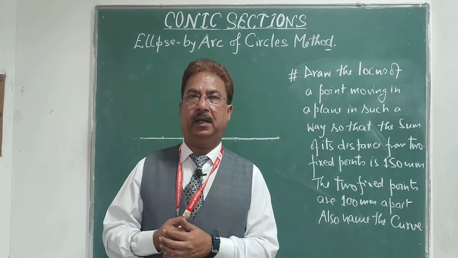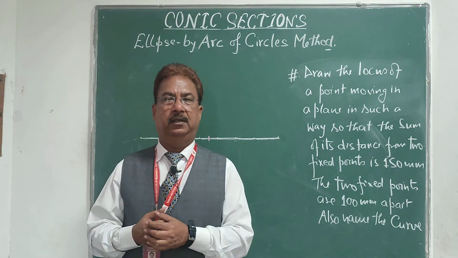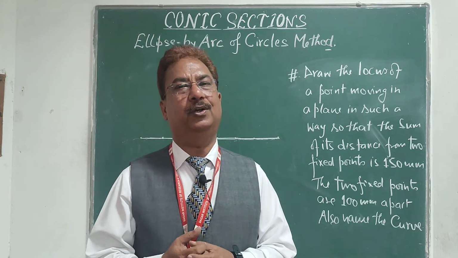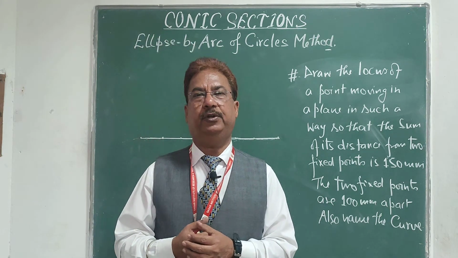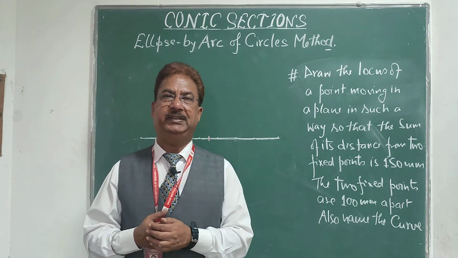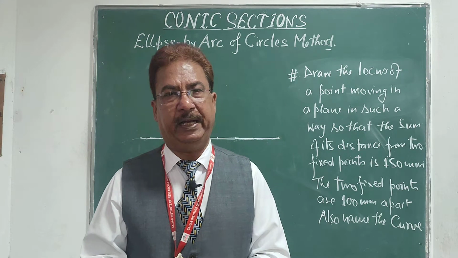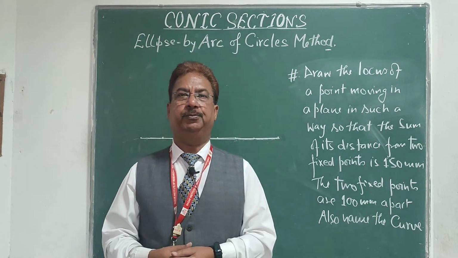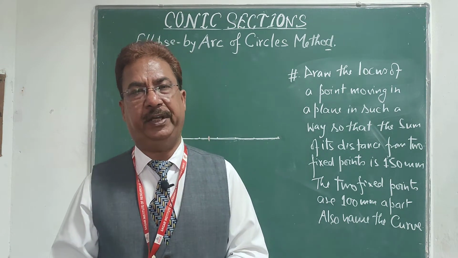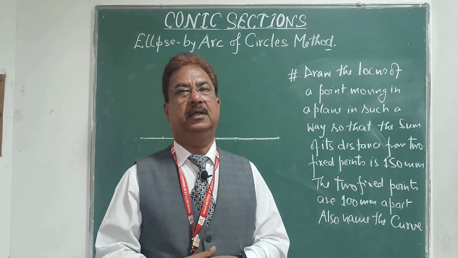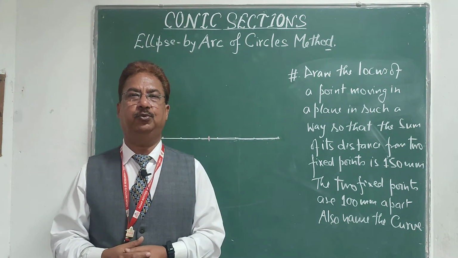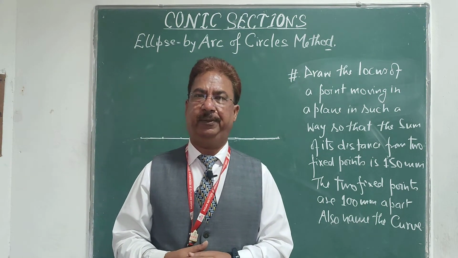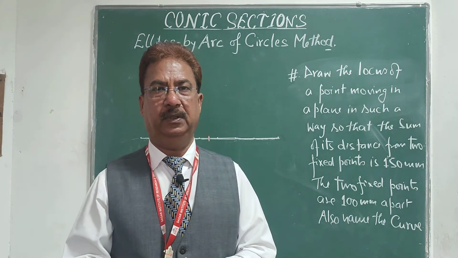If you remember, earlier I defined the ellipse in the form of the locus of a point. We can say that an ellipse is the locus of a point which moves in a plane in such a way that the sum of its distances from two fixed points remains constant.